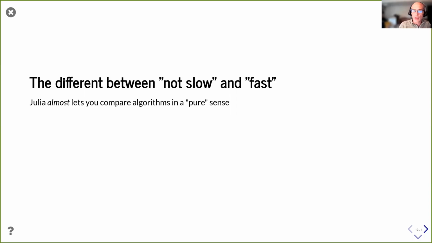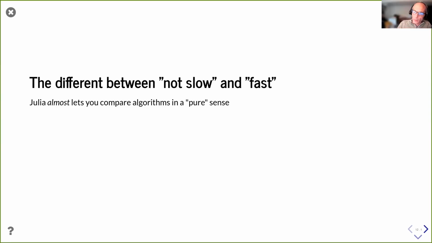So Julia, as I've argued, is wonderful for studying algorithms and learning how to use them effectively, because it lets you compare them almost in a pure sense, meaning it's almost a match to the mathematical properties that you would write down about the behavior of that algorithm. The language doesn't add unnecessary overhead to the operation, so it really lets you see the core nature of the algorithm.